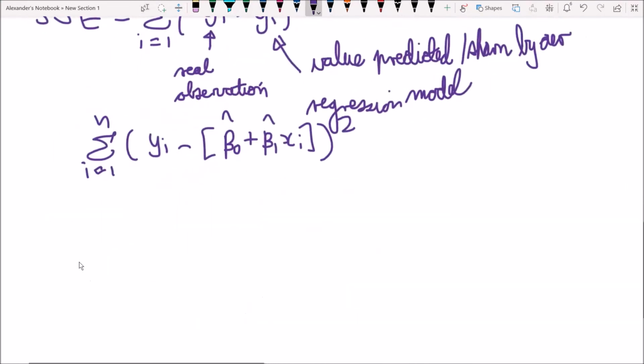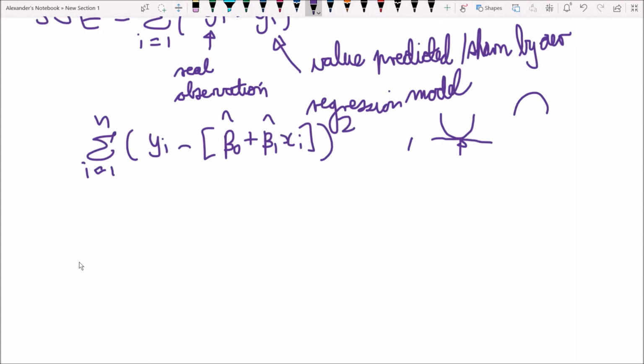When we minimize something, we look for where its derivative can be set equal to 0. We're looking for a minimum point, not a maximum, where this quadratic curve will look like that.